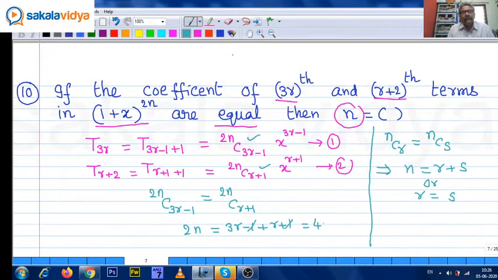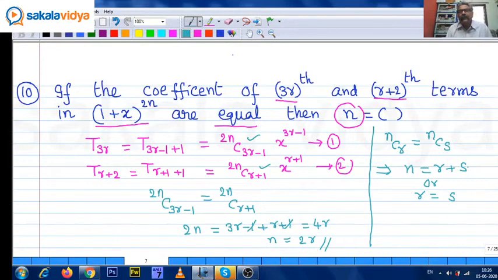This is 4r. n equals to 2r. This is the relation. n is equal to 2r is the right answer.